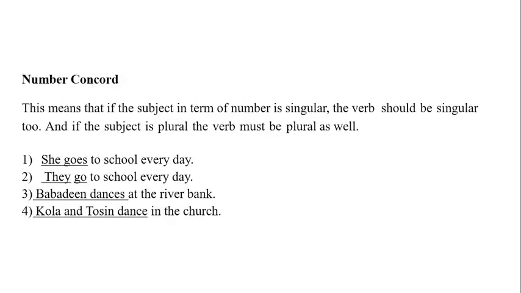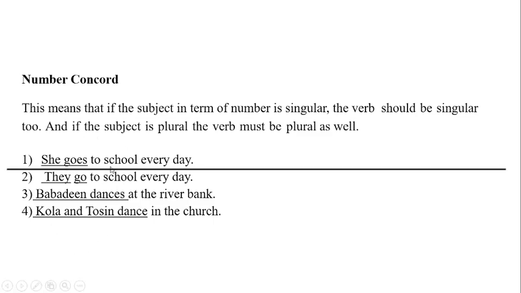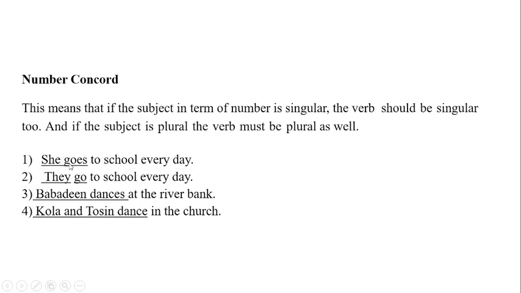Number Concord means that if the subject in terms of number is singular, the verb must be singular too. If we have a sentence such as "She goes to school every day," the subject, which is she, is singular, so the verb must be singular as well: goes.